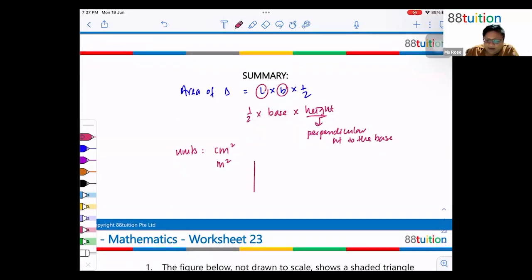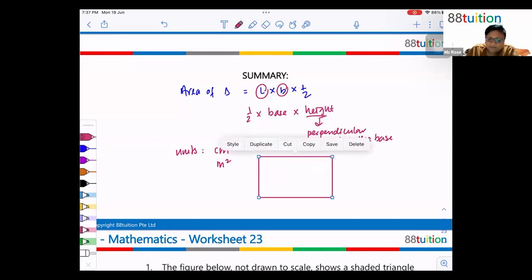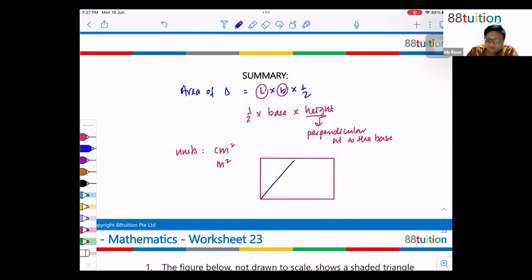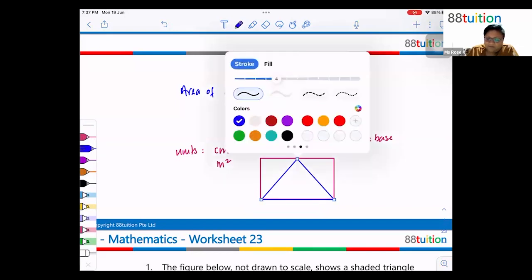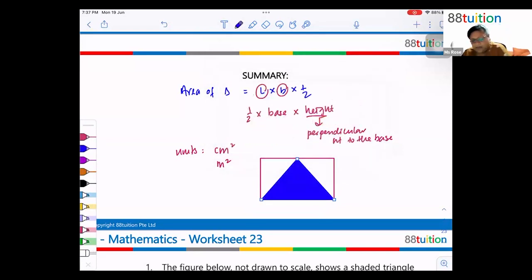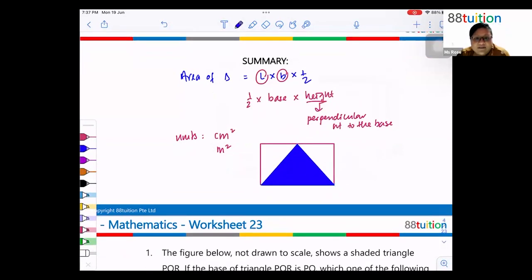Okay, now if I have a rectangle like this, and I have a triangle, okay, why is my triangle today not cooperating? Okay, so this is what I have. Okay, all right, so I have a blue triangle.